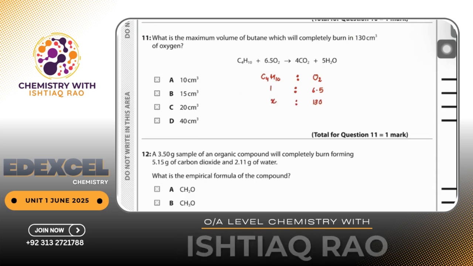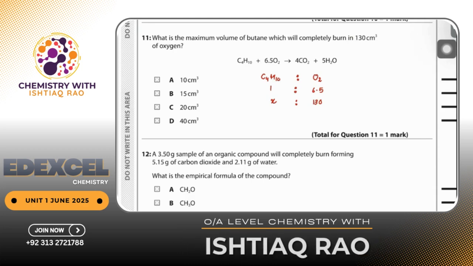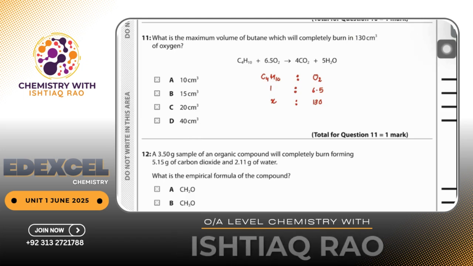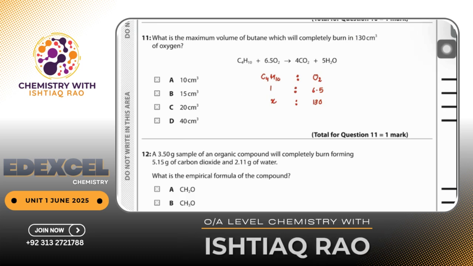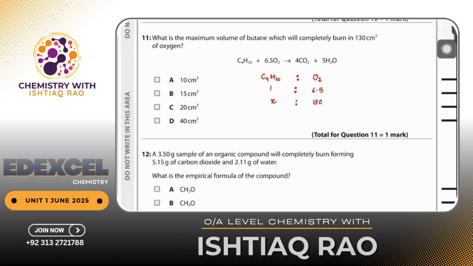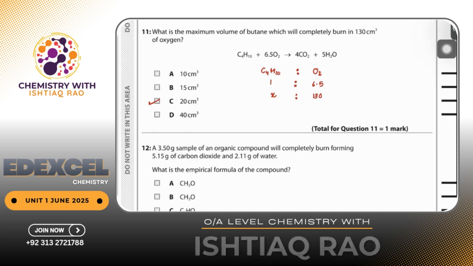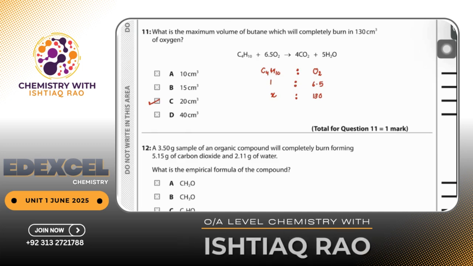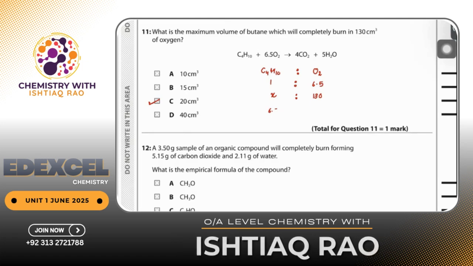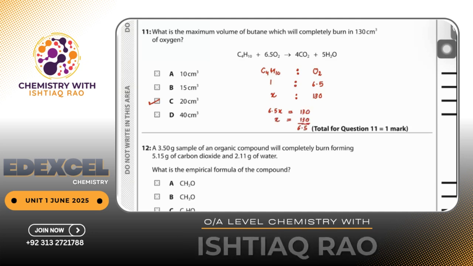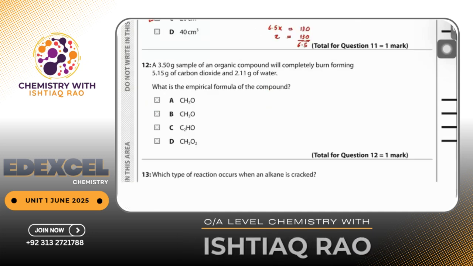It's going to be X. What's the answer for X? 20. So C is your option. That means you did 6.5 X is equal to 130, so X is equal to 130 over 6.5. Now see this one.